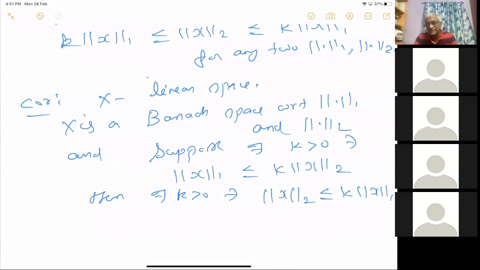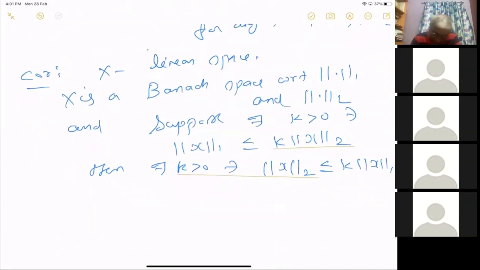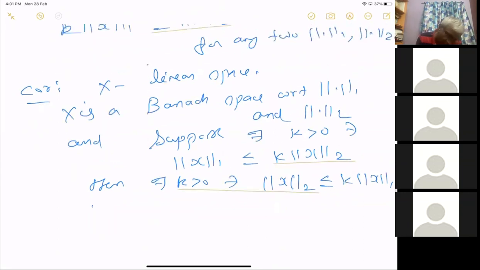Topology means the open sets are the same, the closed sets are the same, which means the convergence is the same. But the geometry may not be the same. For example, the unit ball may be different for each norm. So the norms and the geometry of the Banach space may be different, but the topologies will either be the same or have nothing to do with each other, provided both form a Banach space.